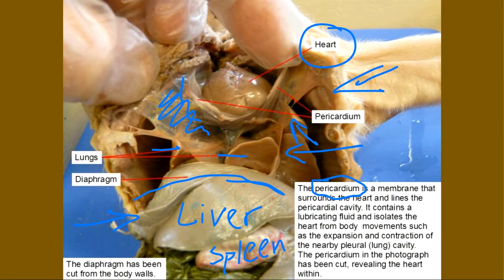I apologize, that is not the spleen. It looked a little bit like the spleen because of the pink color. That's the stomach. All right, so that was the stomach, and the spleen would be around here somewhere.